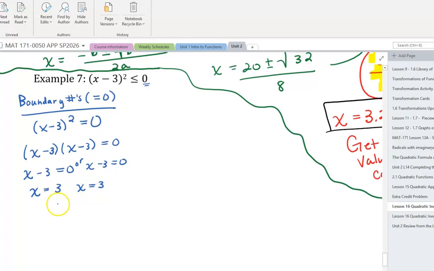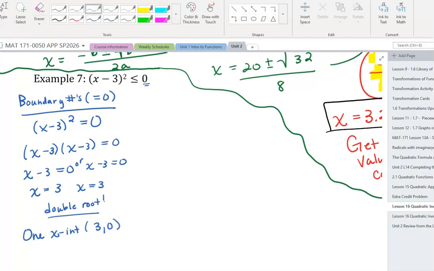So that means this is a double root. When we get to Unit 3, we'll talk about why the graph behaves the way it does at a double root. But that means there's only one x-intercept, and that is at 3, 0.